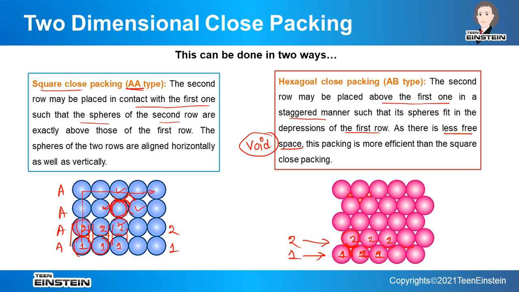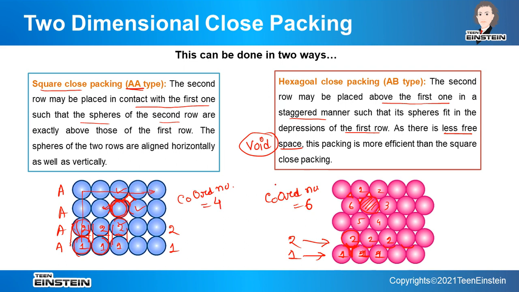Okay, and here what is the coordination number? If you consider any particular particle, surrounding this particle there are 1, 2, 3, 4, 5, 6 particles present. So here coordination number will be 6, and here coordination number is 4.